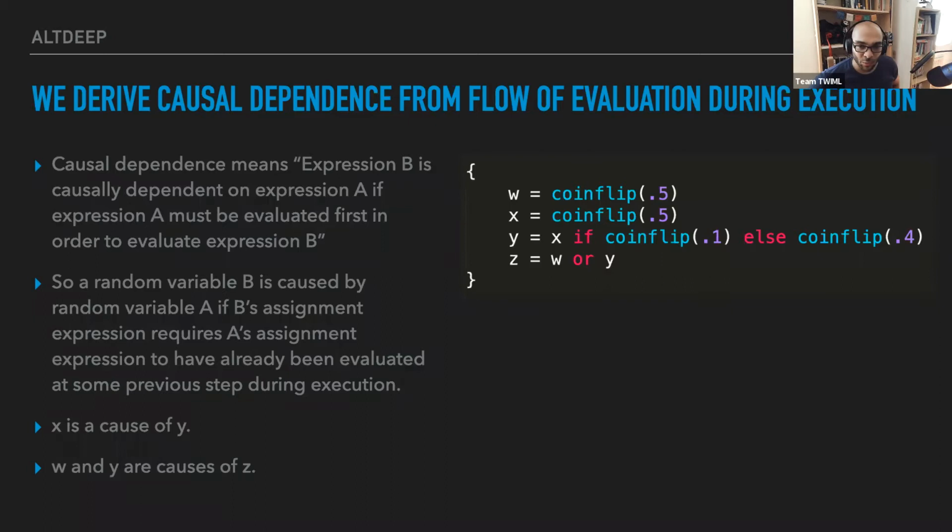In that case, W and Y would still be a cause of Z, but it would be conditional on things that happened previously in the execution. That's something you can't represent in a DAG.